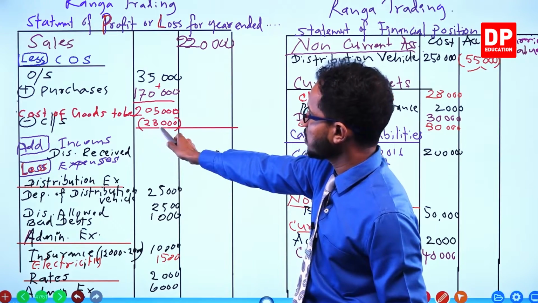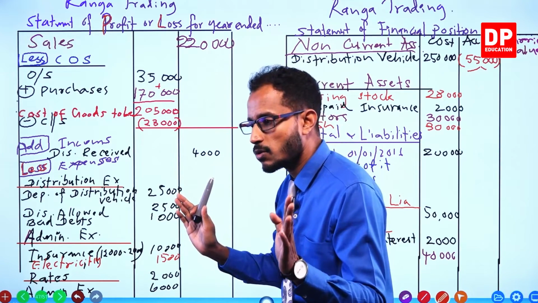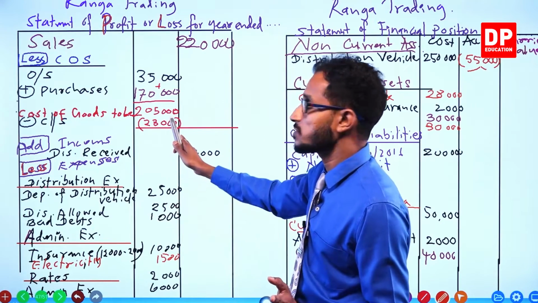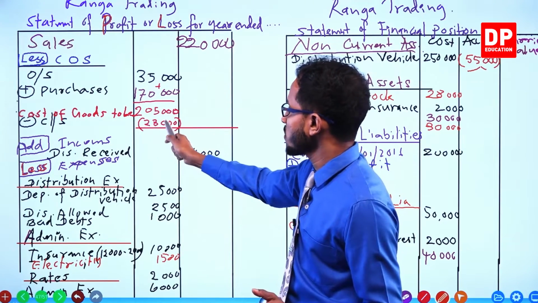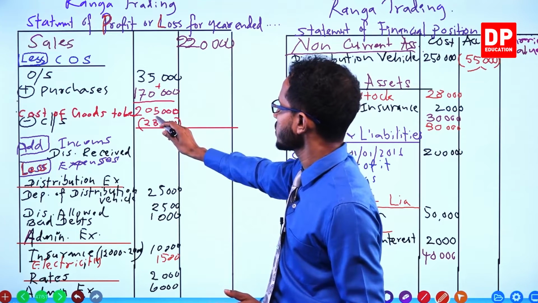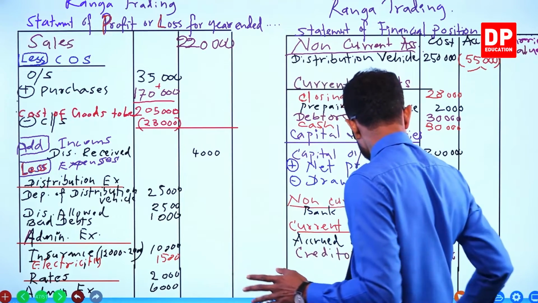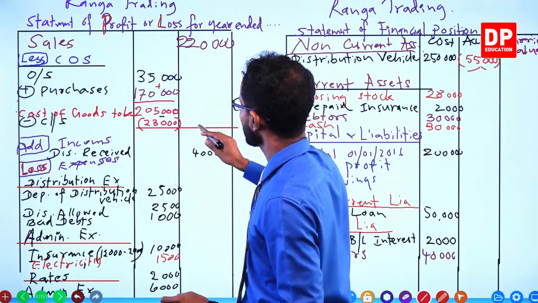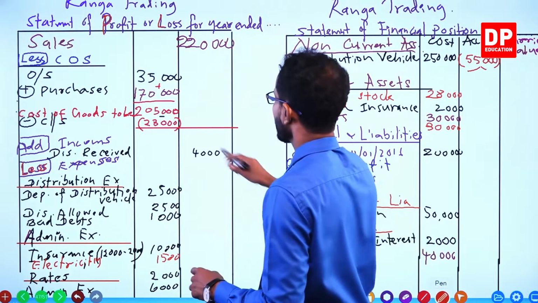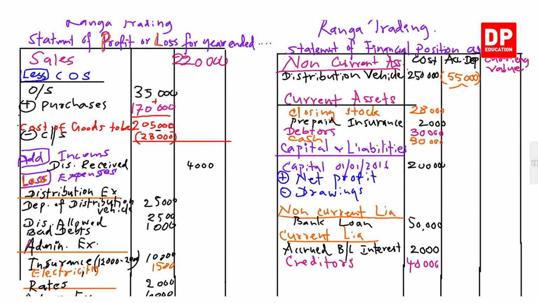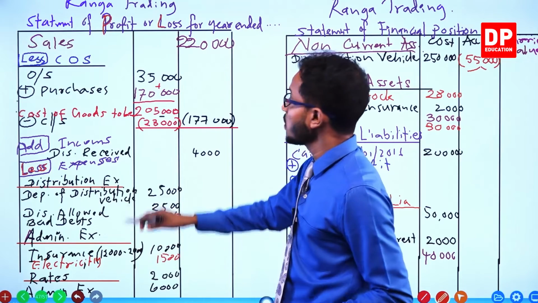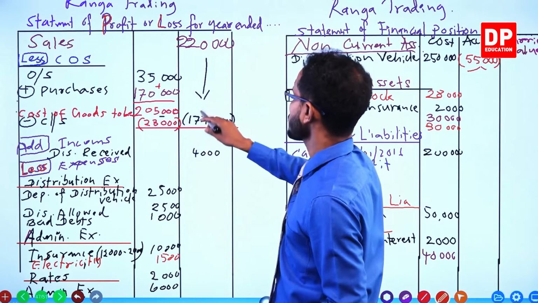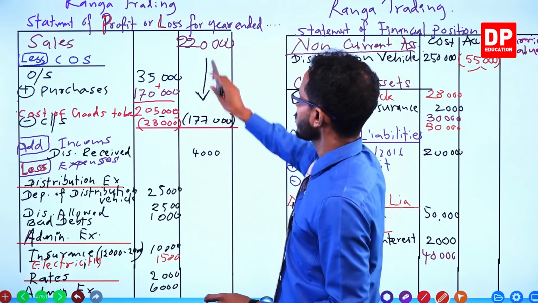From that, the closing stock, the remaining stock which was not sold, 28,000, should be subtracted. Then we get 205 minus 28,000, 177,000. That is the cost of sales.